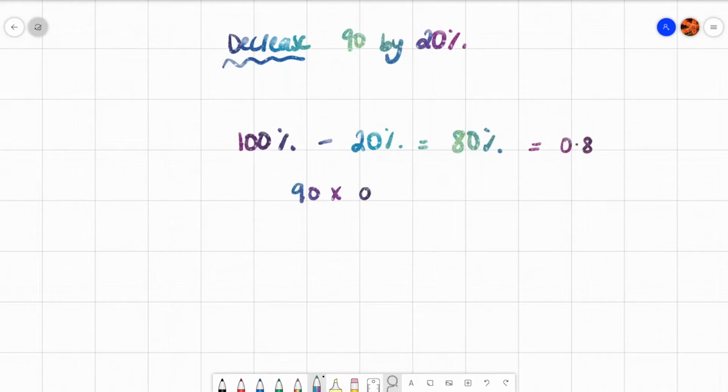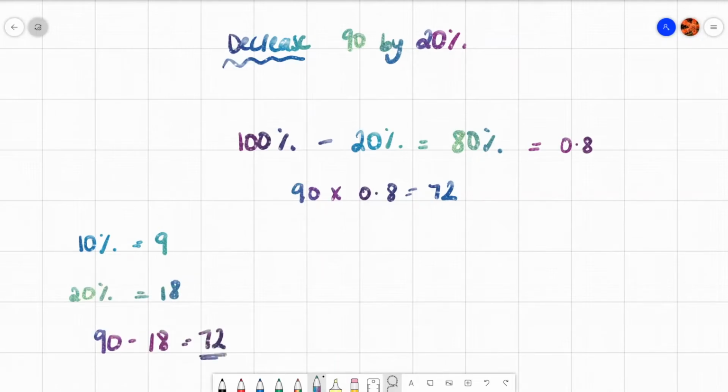So I'm going to times 90 by 0.8, and I end up with 72. Let's check that using the other method. I'm going to work out 10% first, which would be 9, then 20%, which would be 18. Then I'm going to do 90 minus 18, which is 72. And you can see we end up with the same answer.